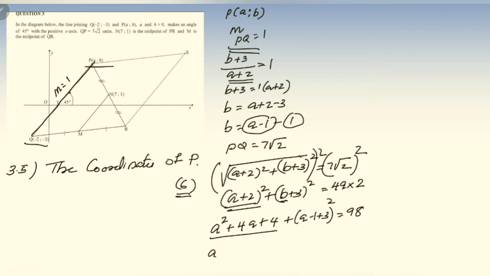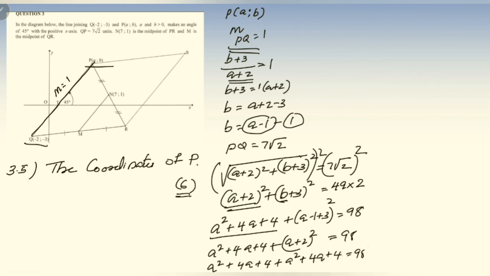This is going to be A square plus 4A plus 4, plus A minus 1 plus 3, which is plus 2, whole square, is equal to 98. Opening the next bracket, we get the same thing. Different ways we can do this question. That is 4A plus 4 is equal to 98.